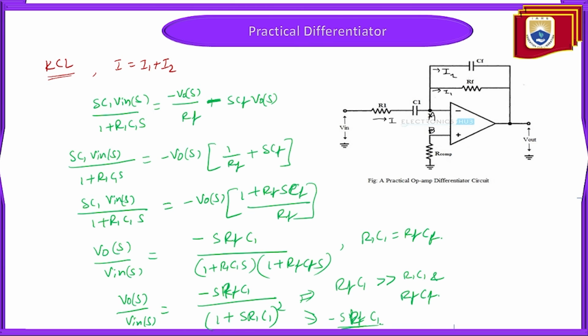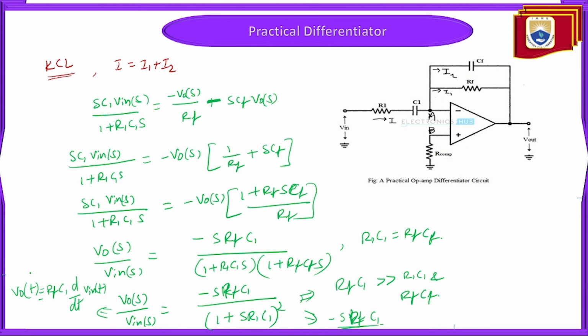And so the output voltage V0 of t, if we apply the inverse Laplace transform, we will get minus RF C1 times the differentiation of the input voltage.